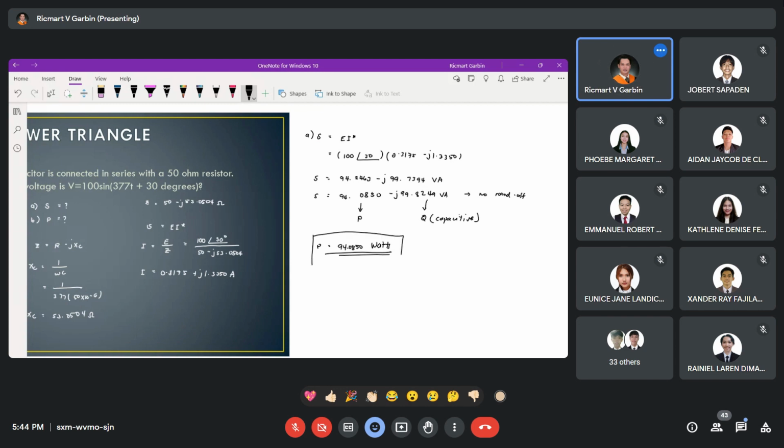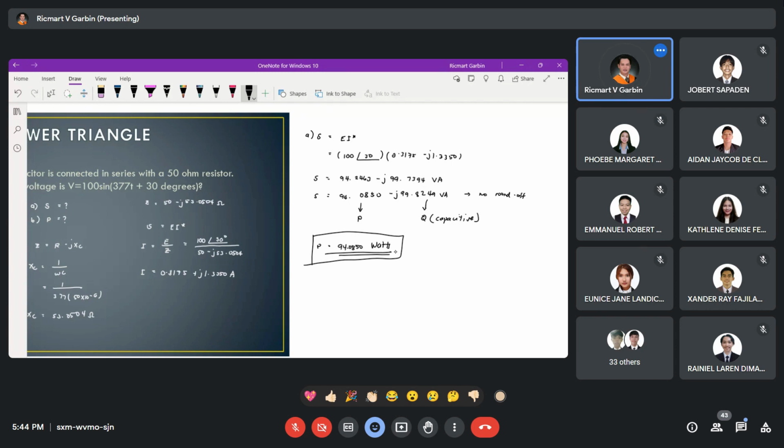Ngayon, para makuha natin yun, may isa pa tayong way. Di ba yung current natin, pwede na yung kuhanin natin is in terms of the current.